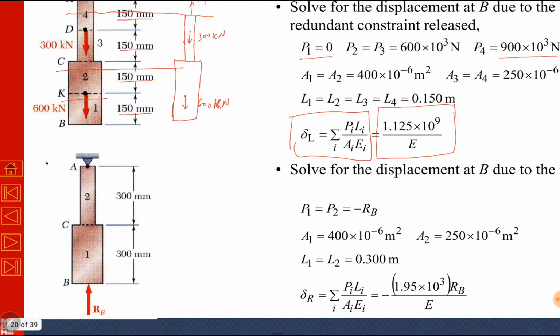If we draw section 1, there is force RB, a compressive force. So I will keep here force P1, compressive one. So P1 is equal to RB. The next section is section 2.